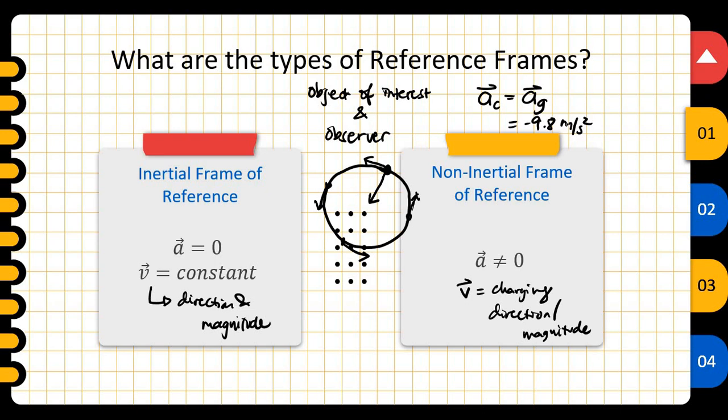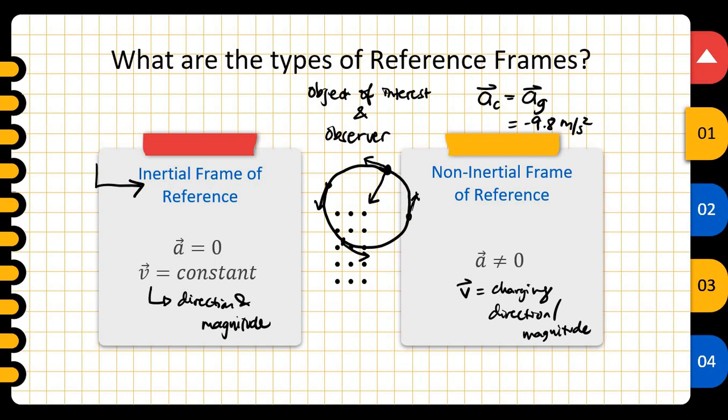So we can safely assume that even though we are in a non-inertial frame of reference, to avoid any confusion, we can assume that we are in an inertial frame of reference. Alright? So I hope that is clear.